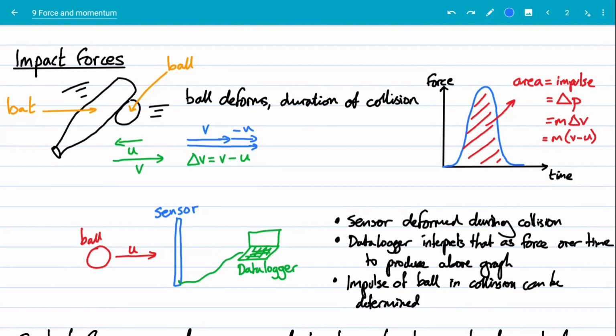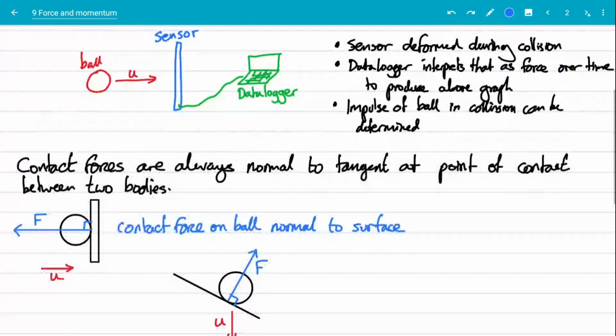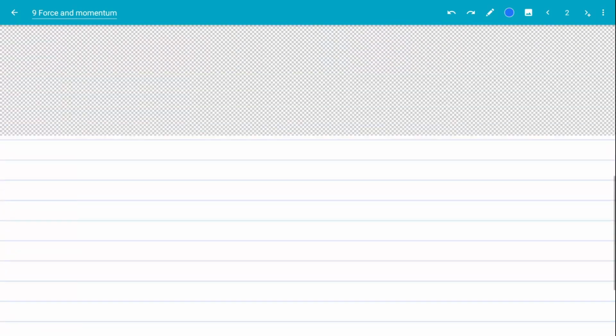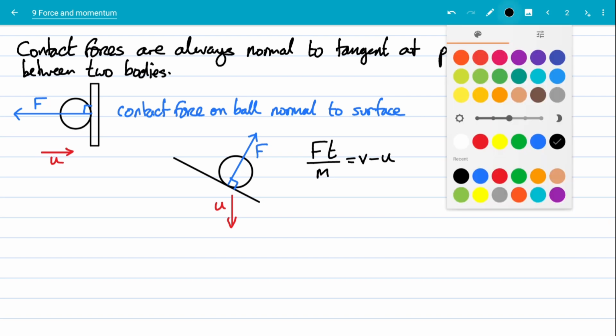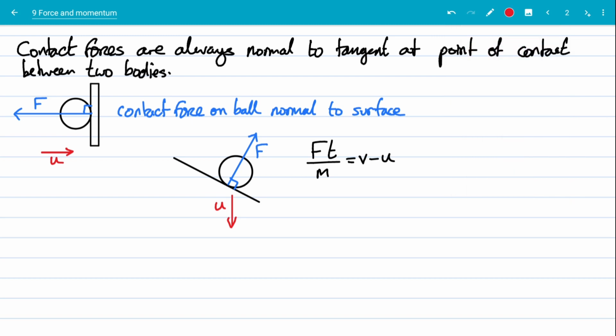So F times t is equal to m(v minus u). Let's write this as F times t divided by m is equal to v minus u, just like that. But this has to be a vector difference.